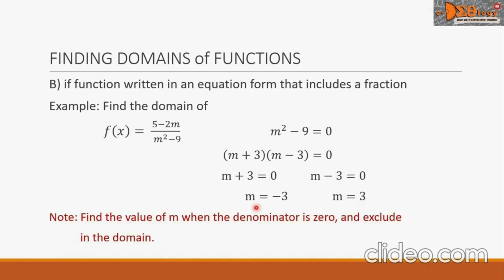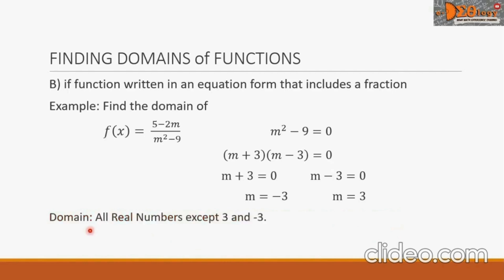Again, we look for these values of m because these values will make the denominator equal to 0, and we will make sure that we exclude these values in the domain. So in writing the domain, we will write all real numbers except 3 and negative 3.